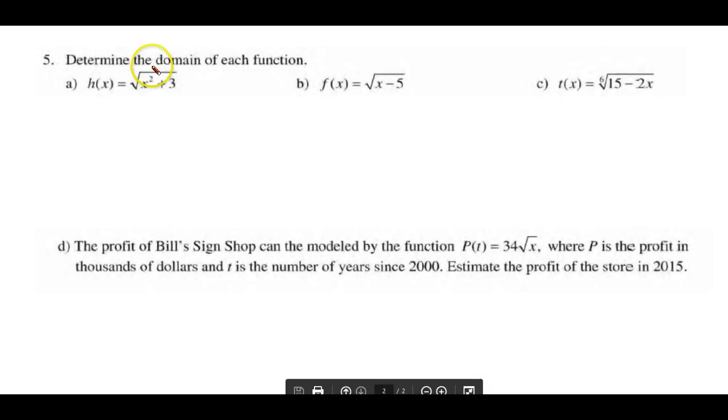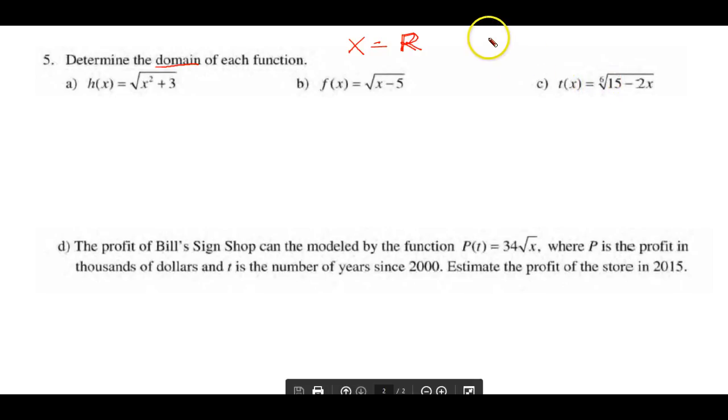Now in example 5, they're asking us for the domain. So these would be values of x. Now in most cases, x is going to equal all real numbers. But we do have the exception when our index number is even, and here it's a 2, here it's a 2, here it's an even number.